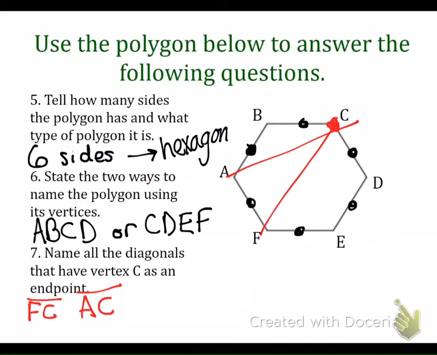What's across from it? It has to include C. CE. Oh, I see. Okay, so BC is not a diagonal. That's its side. Okay, we're looking for a diagonal. Okay, so it's across from it.